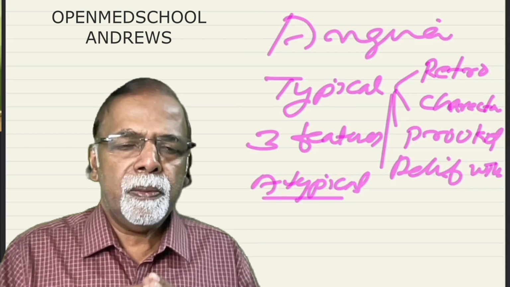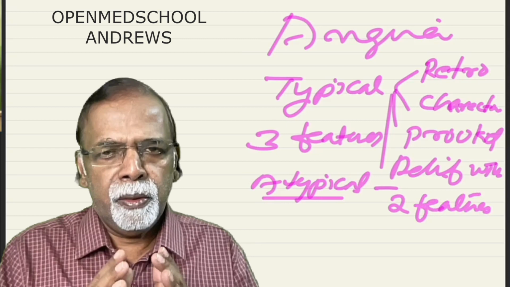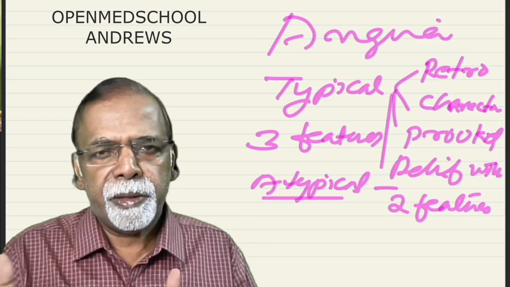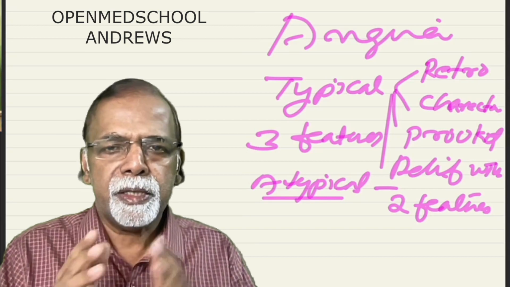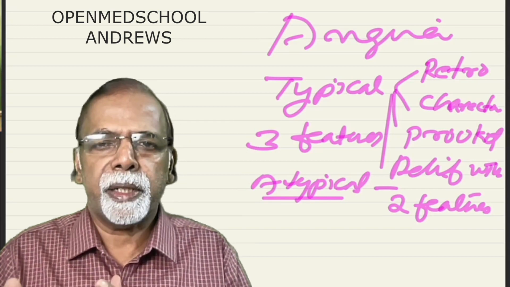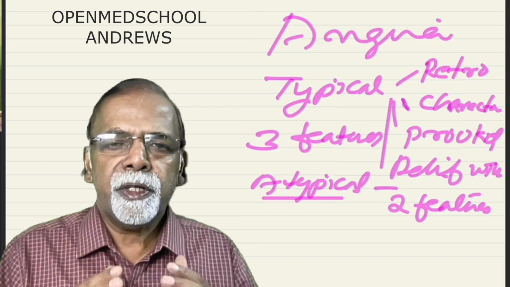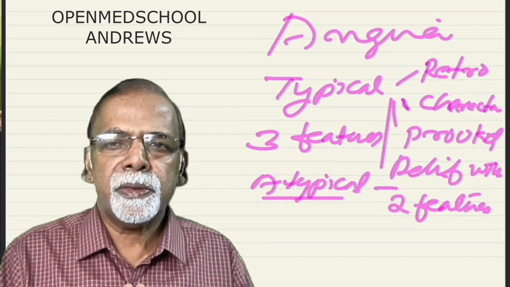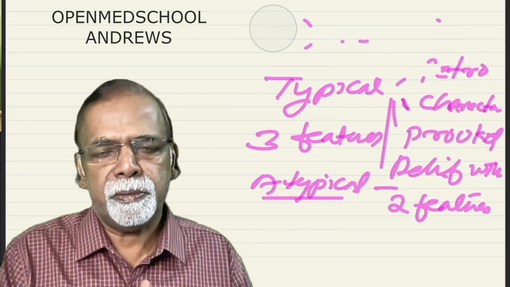So, the chest pain of ischemic origin we describe as anginal pain. This can be stable angina, unstable angina, or myocardial infarction. Myocardial infarction causes symptoms which are similar to angina but more severe and prolonged.